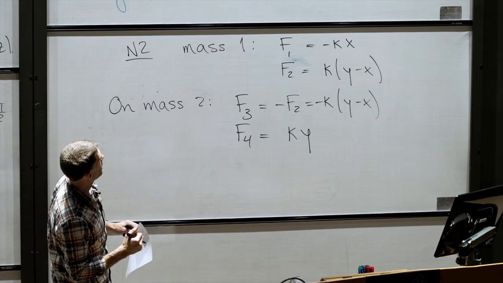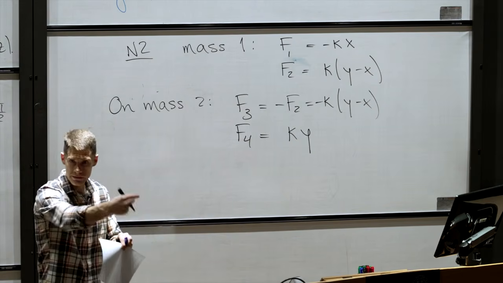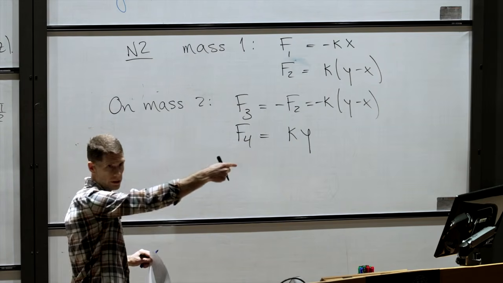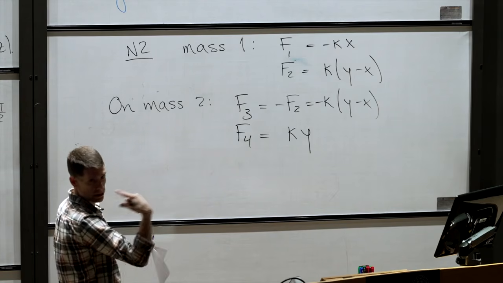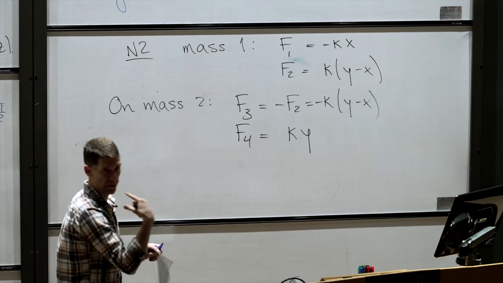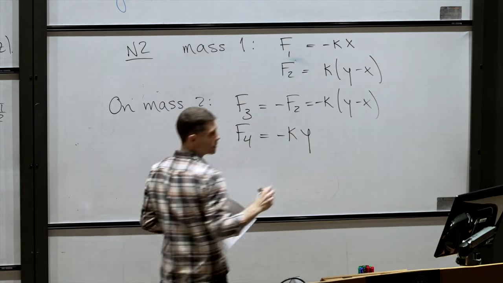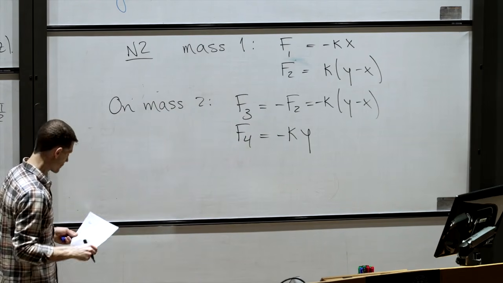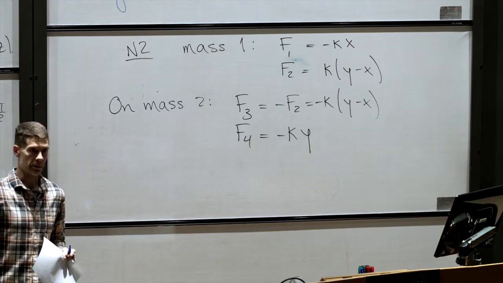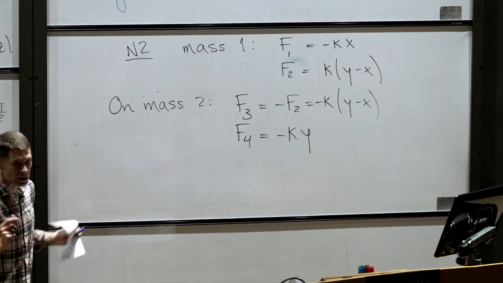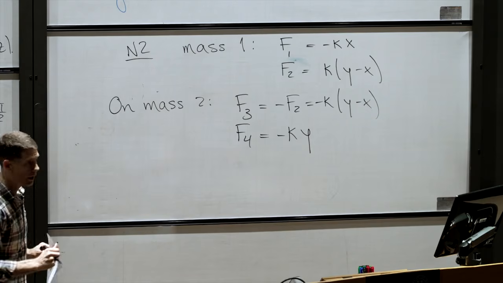But if y is positive, then that spring, all the way on the right, is compressed, which means it's pushing to the left on that second mass, which means I need a minus here. Okay, so you have to keep your bearings to think about all the different forces on each of those springs, but they're all just the same spring law we've been looking at.